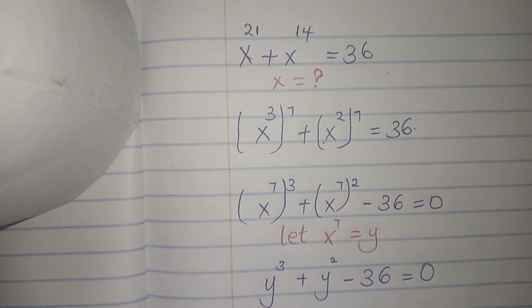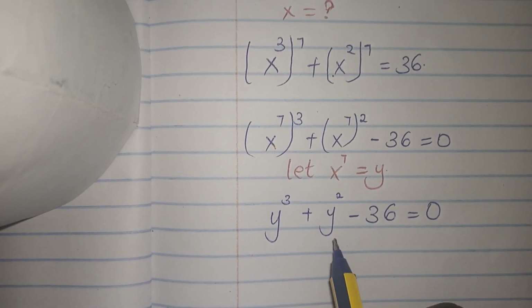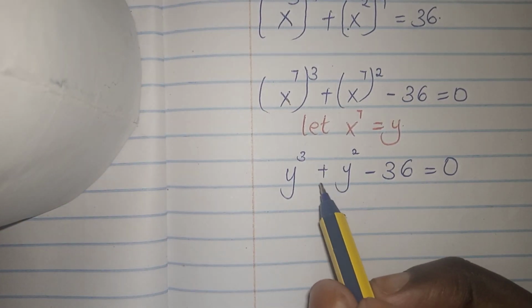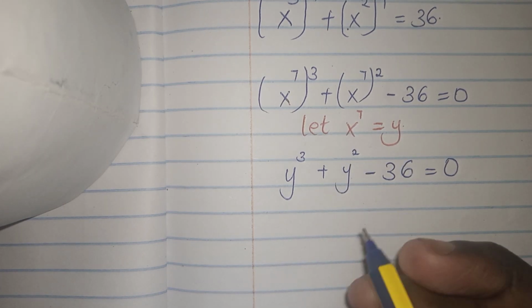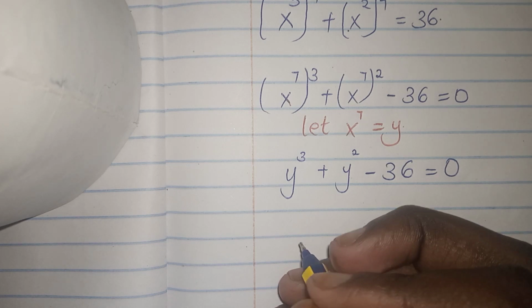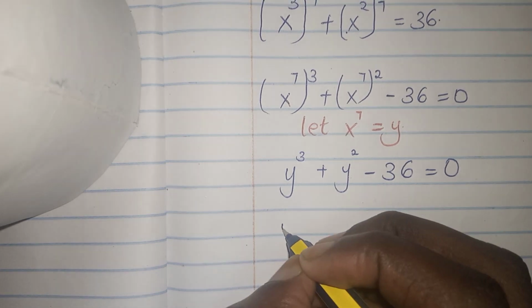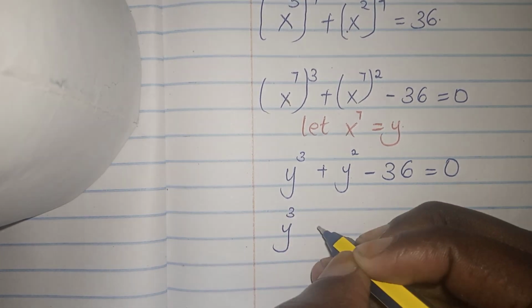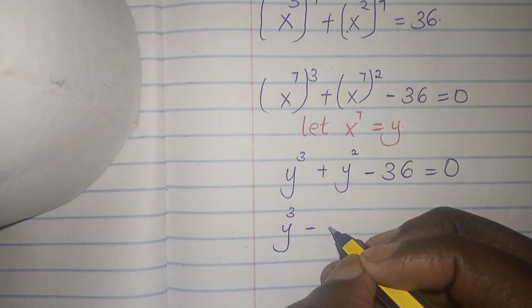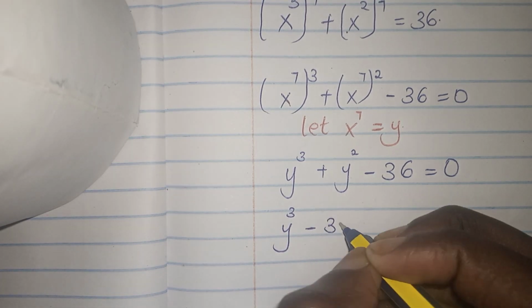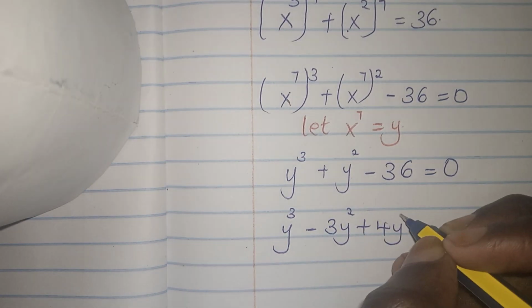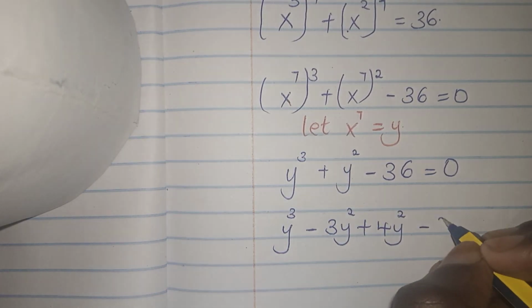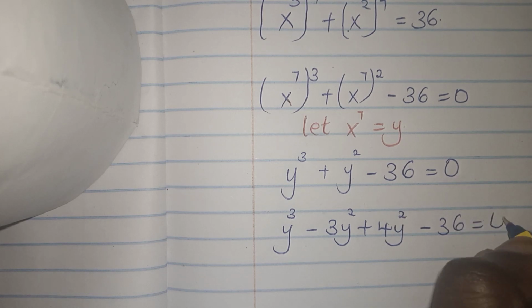Next step, we have y cubed plus y squared. I want to break this y squared and write it this way. So this will be y cubed minus 3y squared plus 4y squared minus 36 is equal to 0.